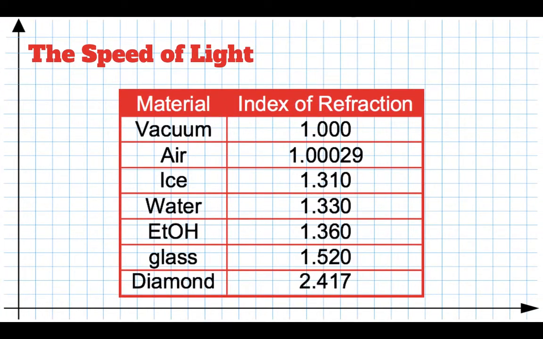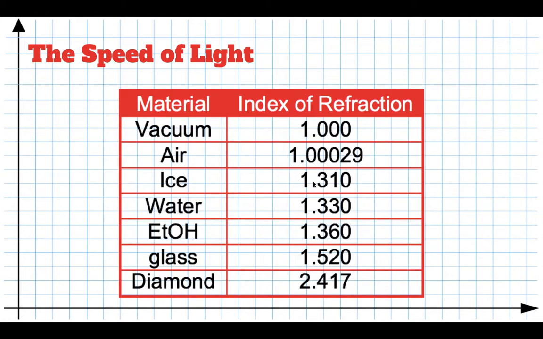So here's some typical indices of refraction. For a vacuum, so that is basically empty space, it's exactly 1. And for air, it's very, very nearly 1. The thing to note here is that to 3 significant figures, it is 1. So unless you're operating in an environment where the tolerances are so tight and you know things so accurately, basically for air you can use 1 as the index of refraction.